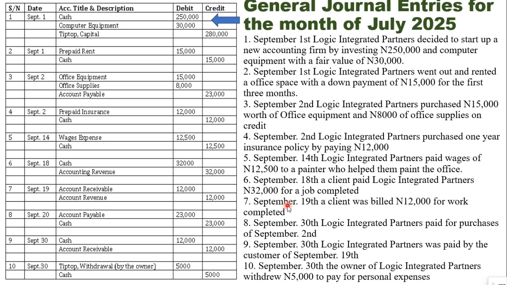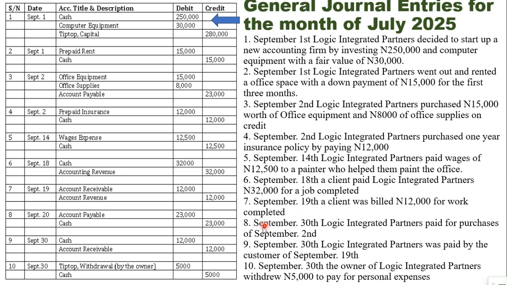So we are not going to debit our cash account because the cash has not come in, but we have actually delivered value. So this time we debit our account receivable and at the same time credit our revenue account, which indicates that the company's equity has increased.